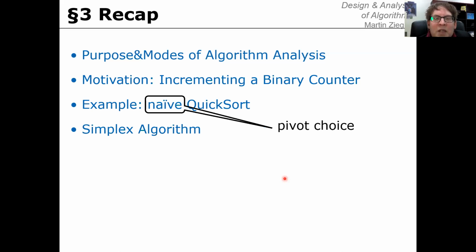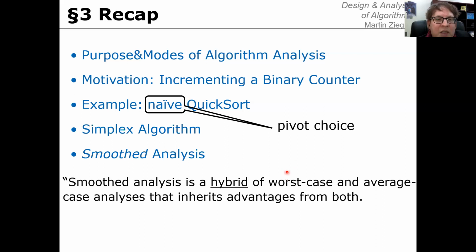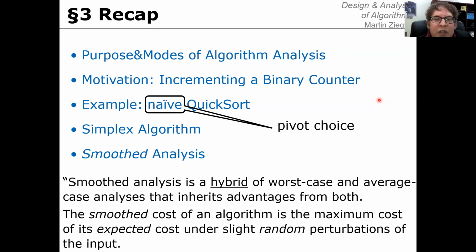And we ended with discussing convex optimization and Dantzig's simplex algorithm, which again has an exponential worst case performance according to Klee and Minty, but smoothed analysis showed that in the smoothed case, it has polynomial running time, which explains what people have been experiencing in practice, that it behaves very efficiently. Smoothed analysis is a hybrid of worst case and average case analysis that inherits advantages from both.